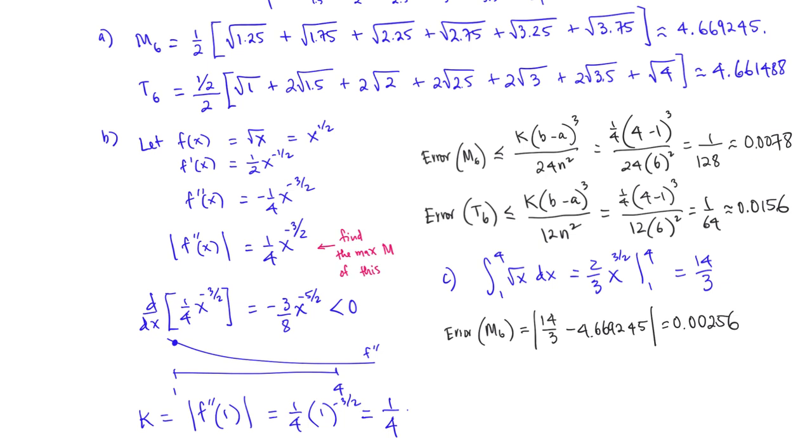The error for T6 is approximately the absolute value of 14/3 minus 4.661488. This is approximately 0.00518, which is less than the error bound that we found, 0.0156. The actual errors are less than the error bounds, so the theorem is verified.